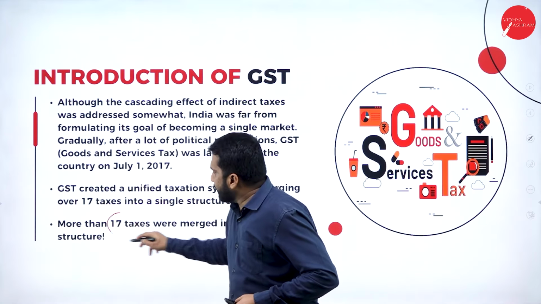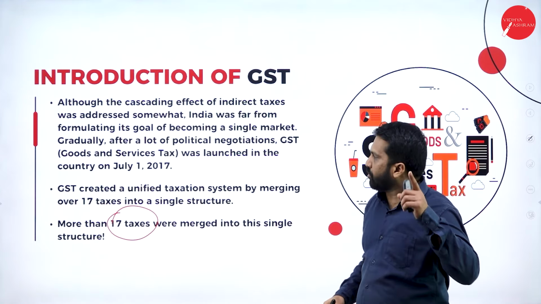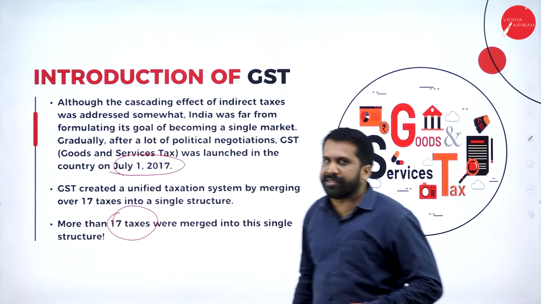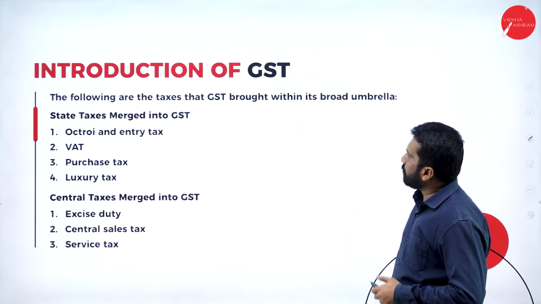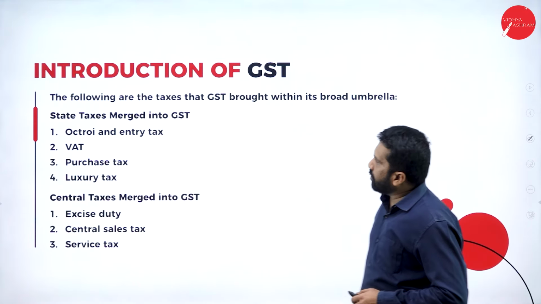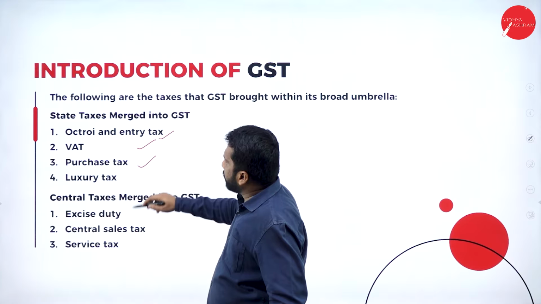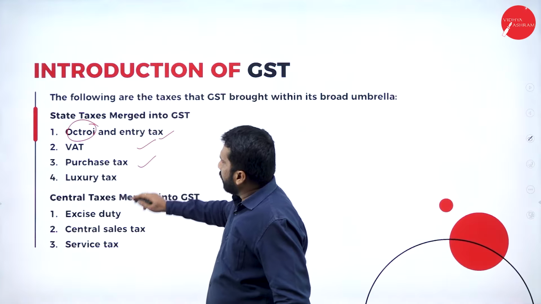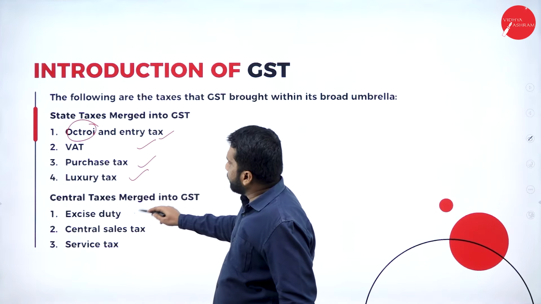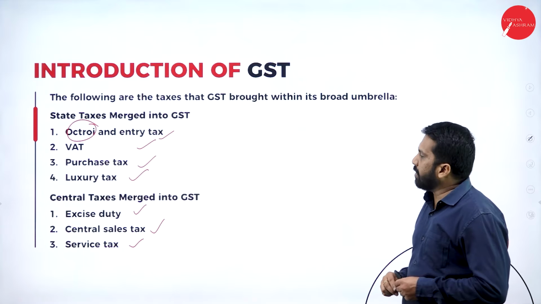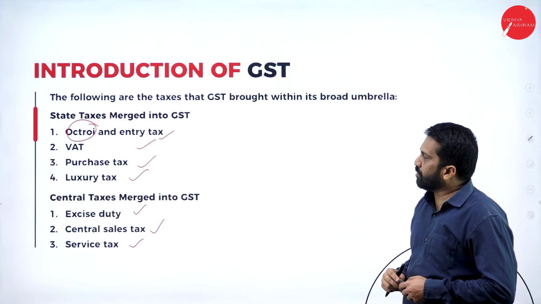See, more than 17 taxes were replaced with GST, and GST was introduced on July 1st, 2017. Octroi, VAT, purchase tax, transportation tax, luxury tax, excise duty, central sales tax, service tax: everything is merged and they made a single tax called GST.